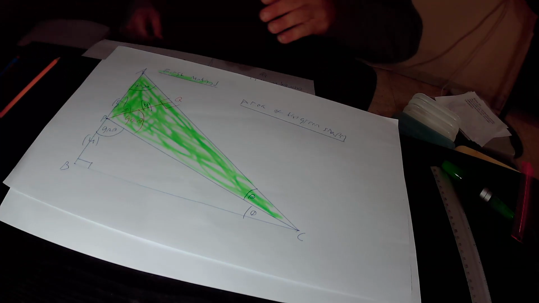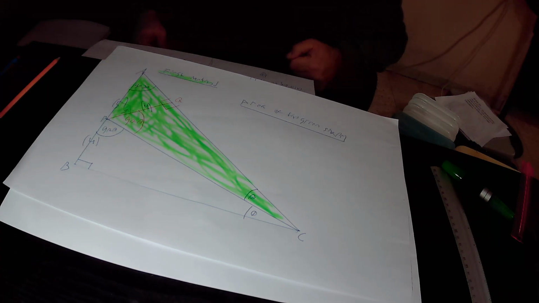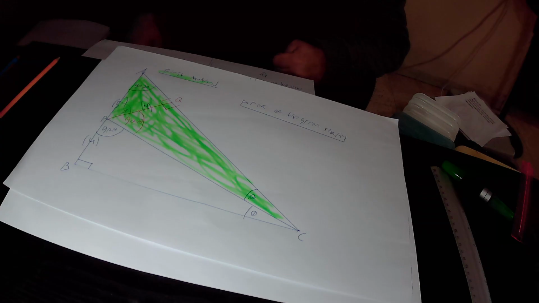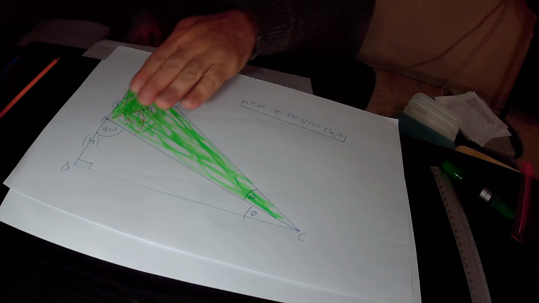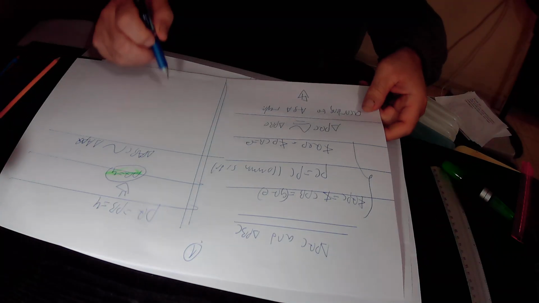So if we focus on the left side of the straight line AB at point B, the sum of the angles must be equal to 180 degrees according to rule 3. Rule 3 says that the sum of the angles on one side of a straight line is equal to 180 degrees. So which angles do we have on the left side of the straight line AB at point B?